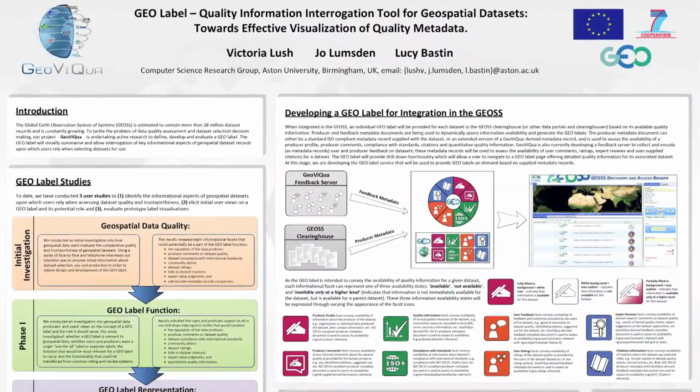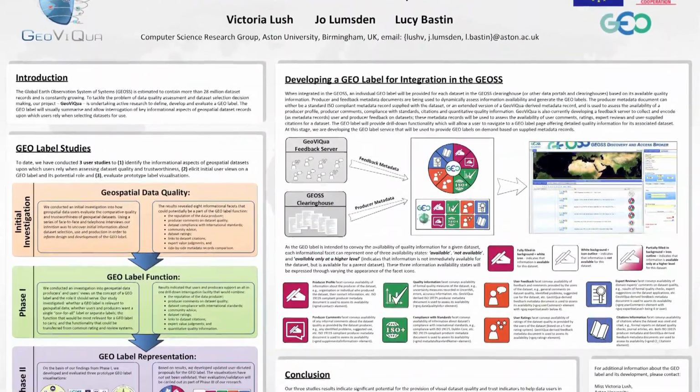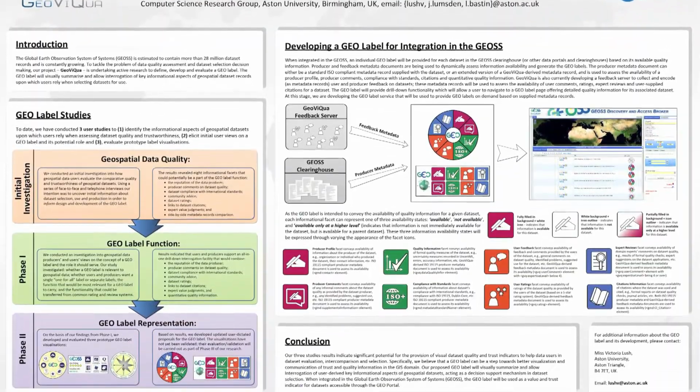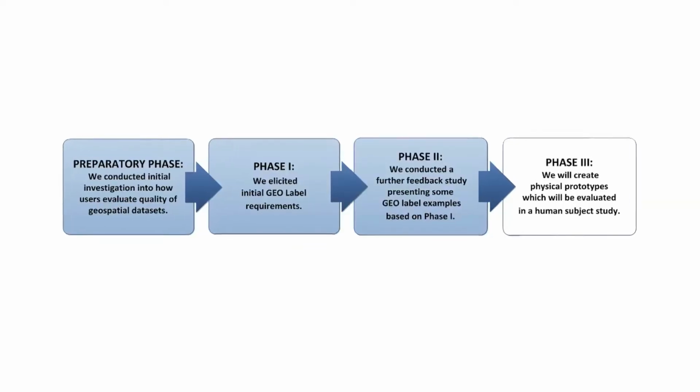We've done studies to find out what they want from the actual GEO label, and we've done another study to evaluate some GEO label prototypes. Currently, we're developing the actual server to provide GEO labels on demand. We're hoping the GEO label will be a quality indicator that will provide some information for users to decide whether data sets are relevant to them or not, and we're hoping that the label will be useful in data selection.